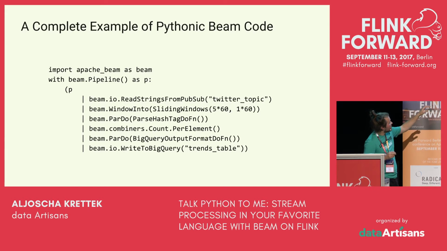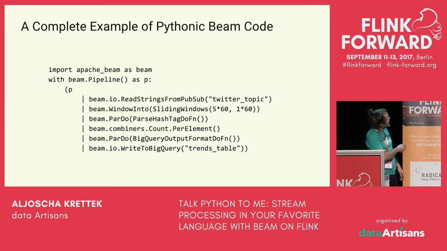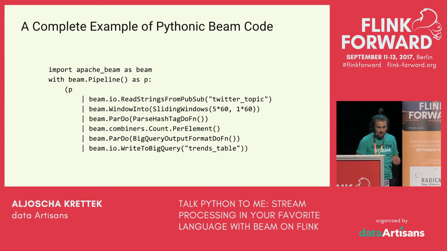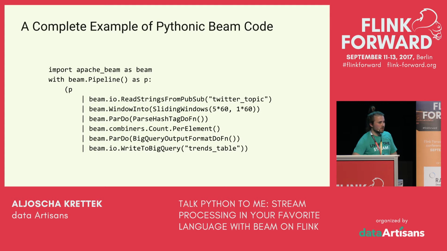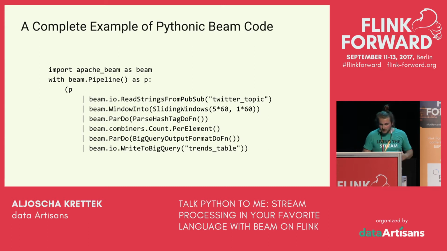So here what we do is we read something from PubSub, we specify our windows, we specify that we want to parse hashtags out of this, we say that we want to count these, and then we format this for outputting, and then we write it to BigQuery. So this is obviously a very Google-influenced example. So in a different system, you might be using Kafka for this, and HDFS or some other key value store.